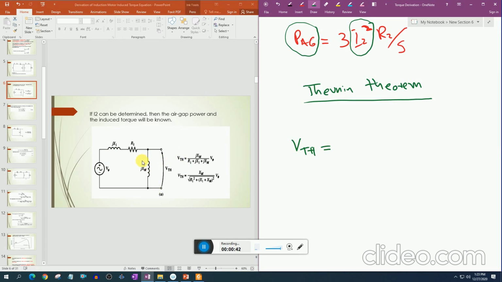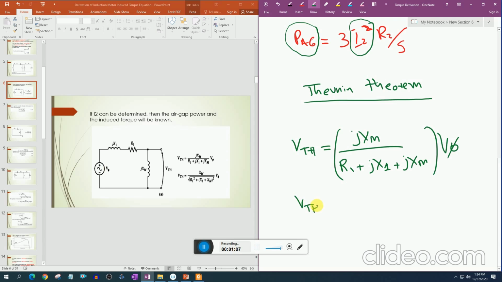V Thevenin is equal to j Xm divided by the sum of all these, R1 plus j X1 plus j Xm, into V phase, and its magnitude is given as Xm divided by the square root of R1 squared plus (X1 plus Xm) squared, into V phase. This is the V Thevenin magnitude at this point.